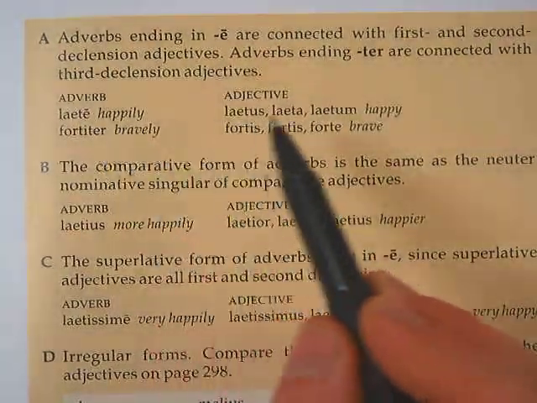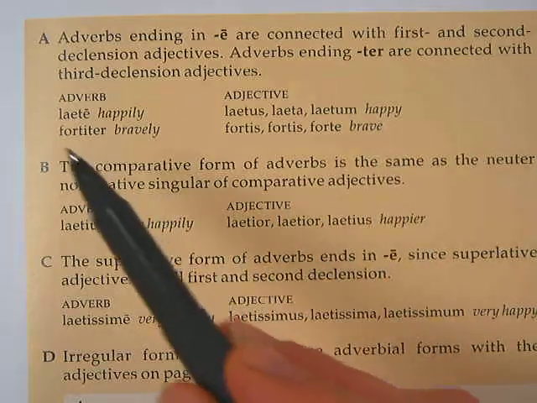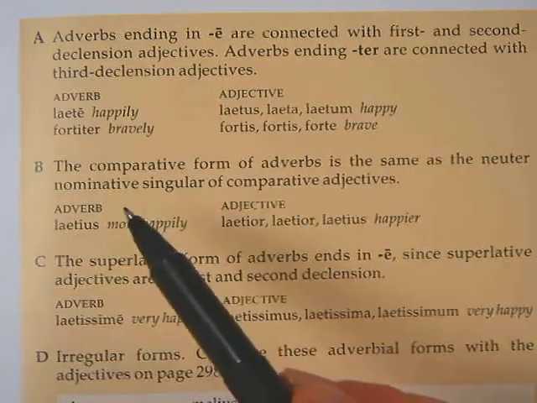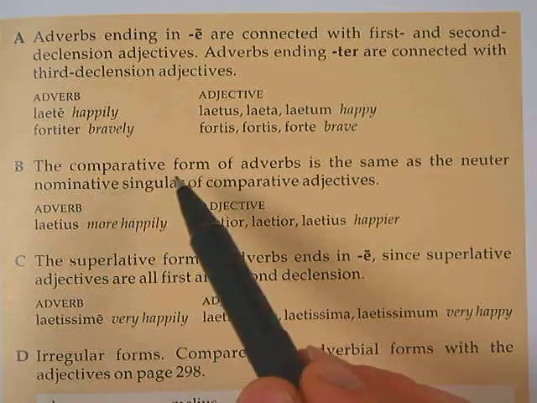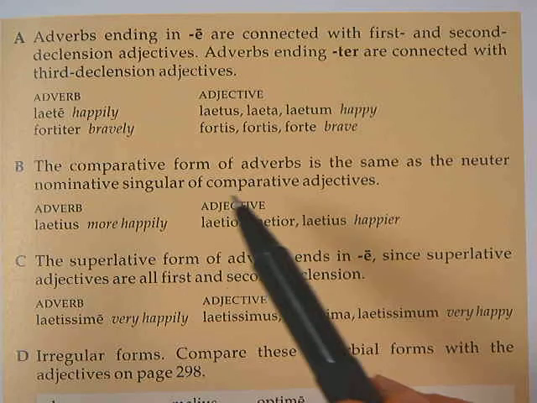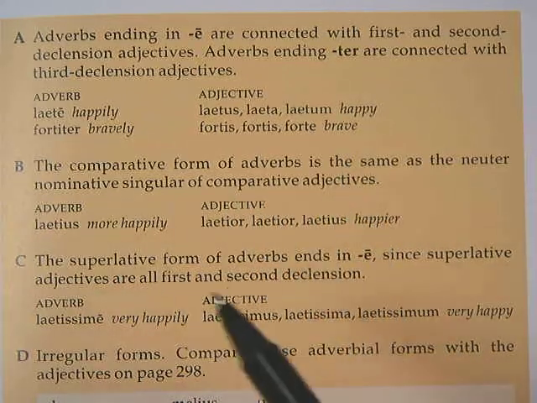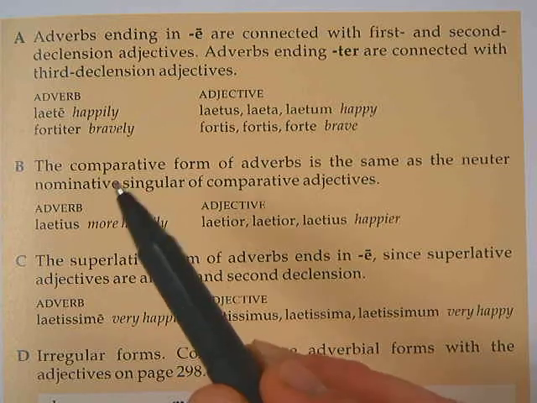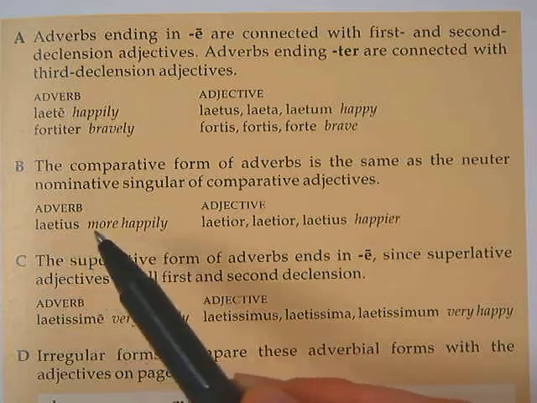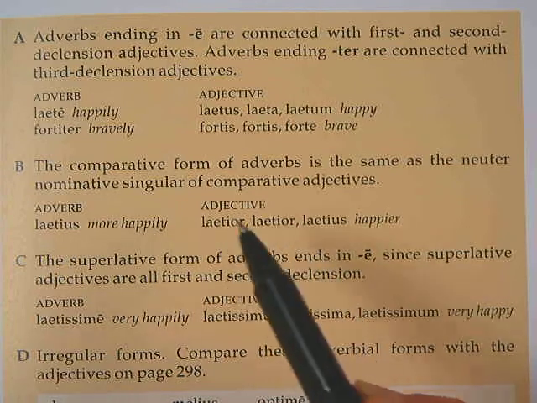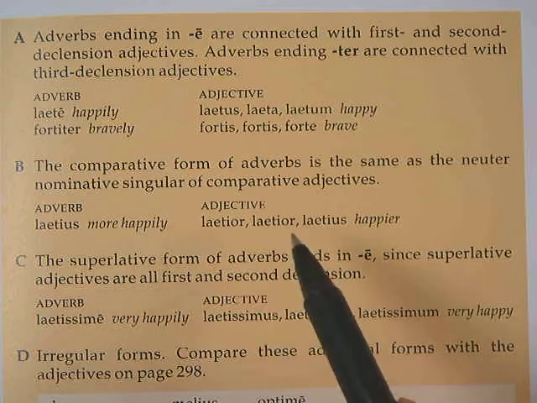And there's a couple other notes that your book gives you here. Here's what I just explained right here. They use fortis, fortiter, laetus, laete. And they say also some other notes. The comparative form of adverbs is the same as the neuter nominative singular of comparative adjectives. Well, what they mean here is, if you want to say more happily, what they call the comparative, it's laetius.